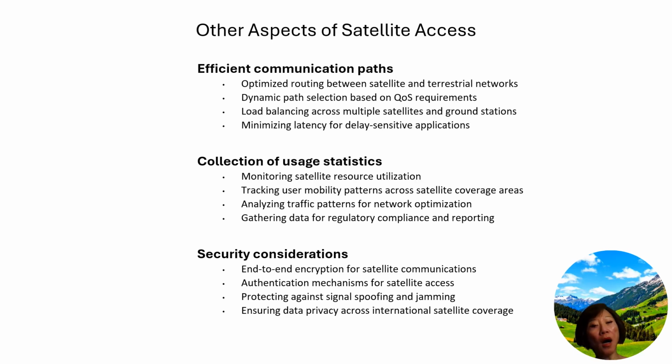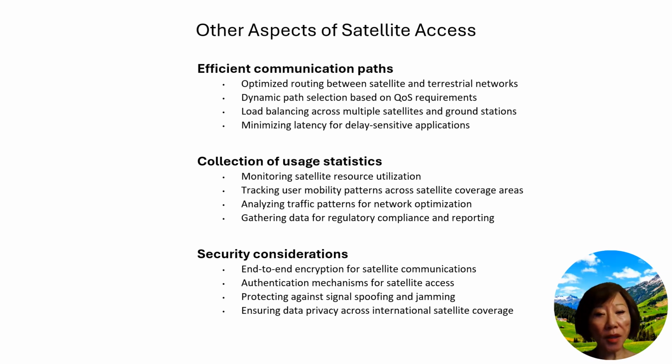Let's take a look at other aspects of satellite access. Efficient communication paths are essential for optimizing the performance of satellite integrated 5G networks. This involves developing intelligent routing algorithms, load balancing across multiple satellites and ground stations, and minimizing latency for delay-sensitive applications.